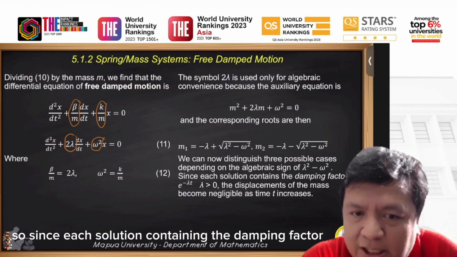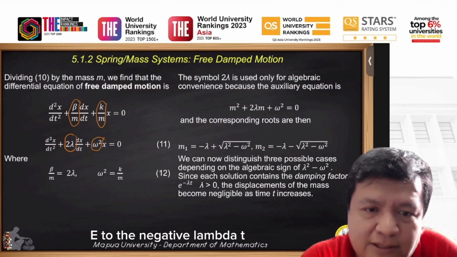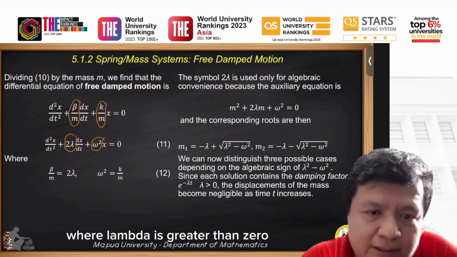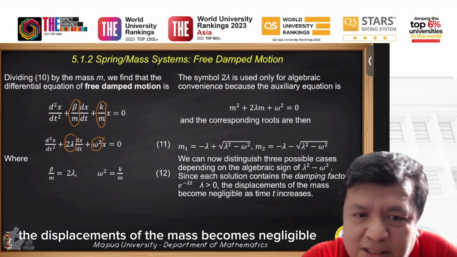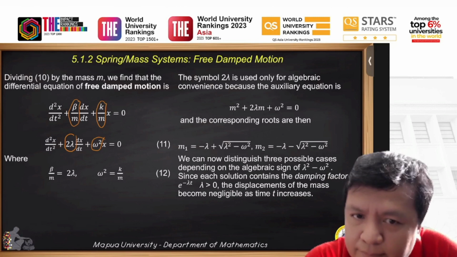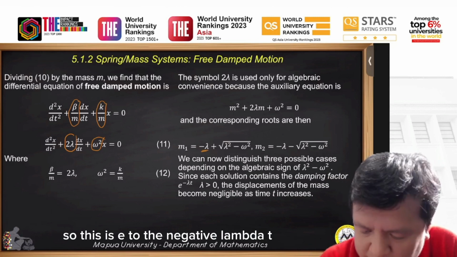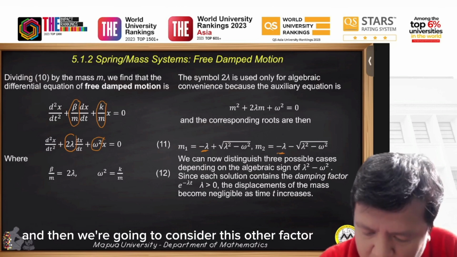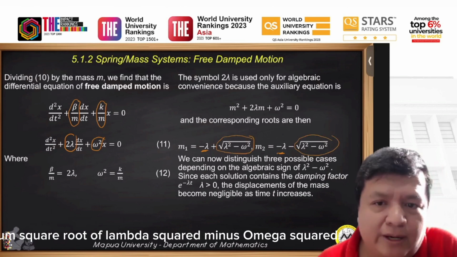Since each solution contains the damping factor e to the negative lambda t, with lambda greater than 0, the displacement of the mass becomes negligible as time t increases. So there would be 3 possible cases.